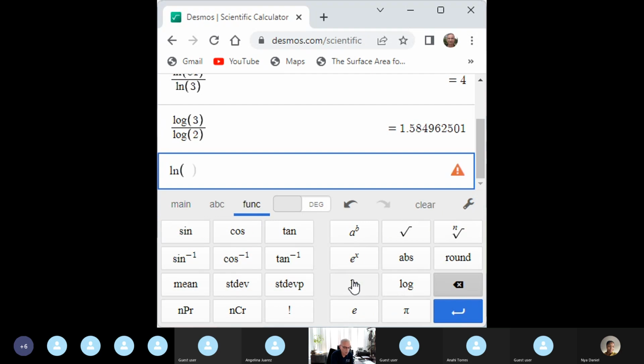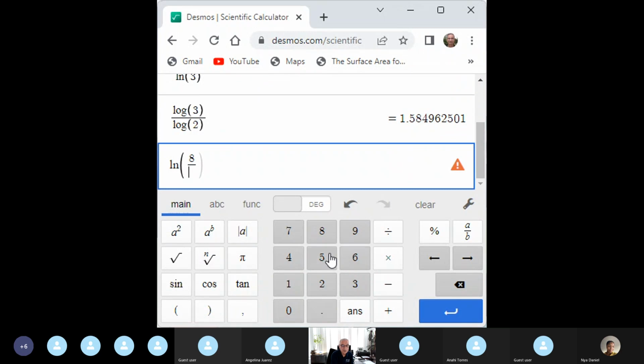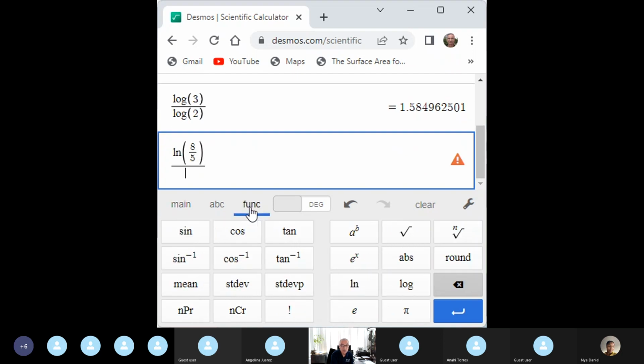Natural logarithm 8 over 5. This is important: you put the division inside the parentheses. And you go outside the parentheses. And now you divide by natural logarithm of 8.